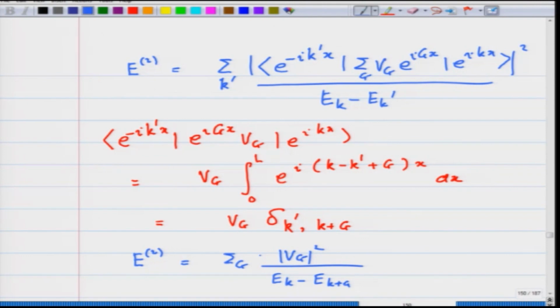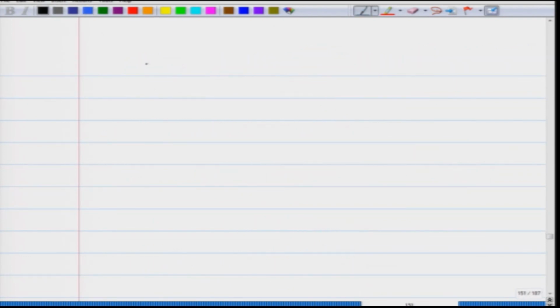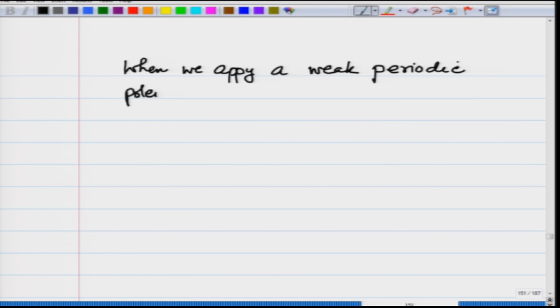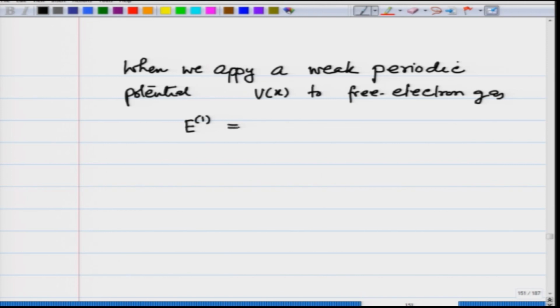So, to summarize this lecture, when we apply a weak periodic potential V x to a free electron gas, E 1 comes out to be a constant equal to V 0, and we take this V 0 to be 0.